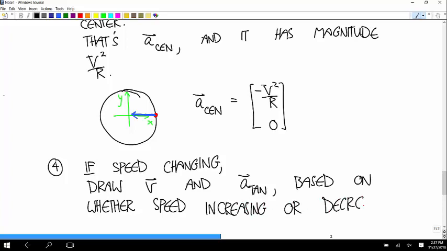This works just the same way it does in lab with the parallel part of the acceleration. If the speed's increasing, the tangential acceleration is in the same direction as the velocity. If the speed's decreasing, it's in the opposite direction of the velocity.